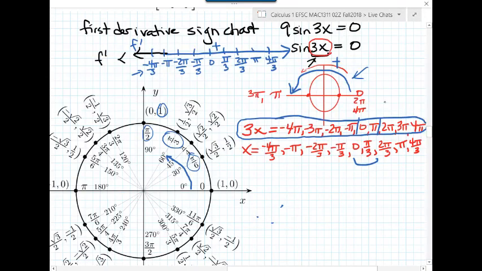All right, so if you take the sine of 3 times pi over 6 and multiply it by 9, then we want to see whether it's positive or negative, right? So this is going to be 9 times the sine of pi over 2. Well, pi over 2 has a sine of 1, right? So that means that's just 9, which is positive. So we would get positive that way as well.